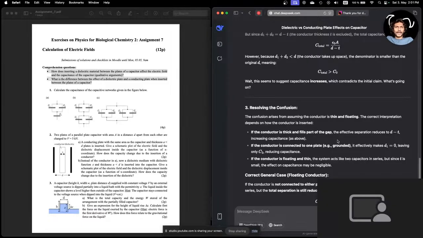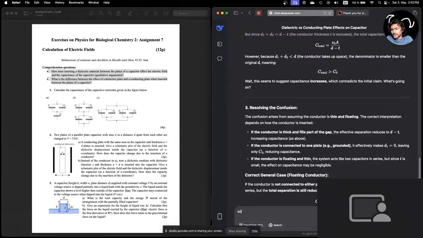I get that. So does it increase the electric field inside the capacitor?